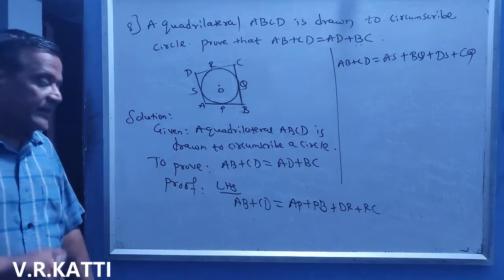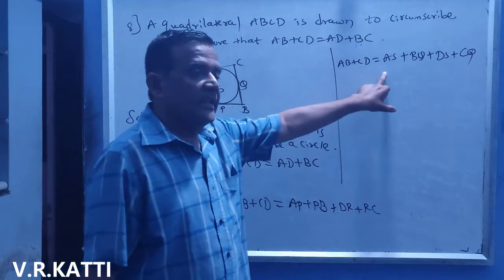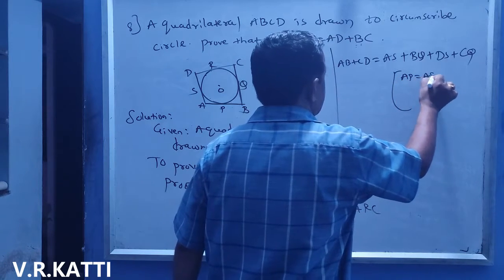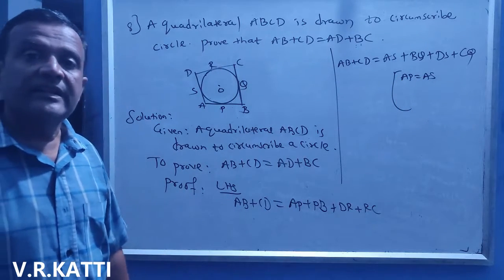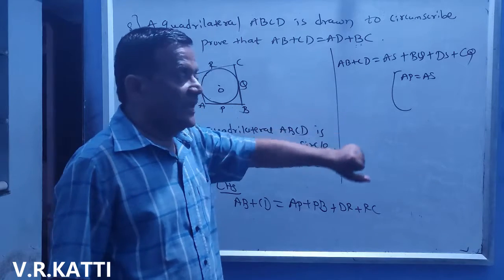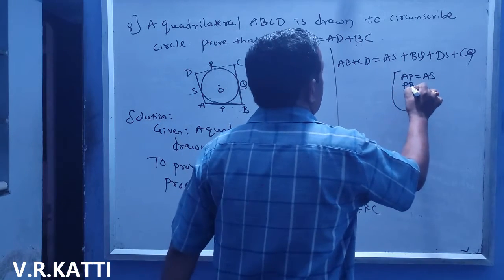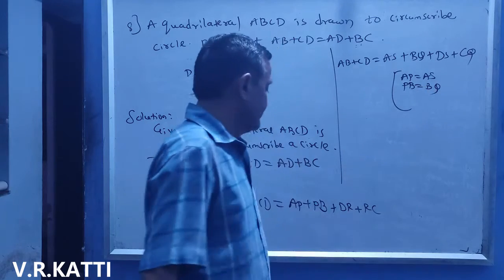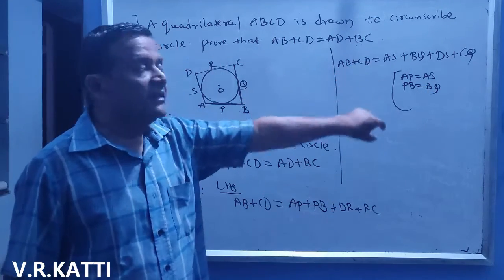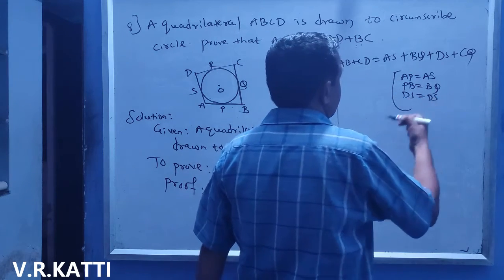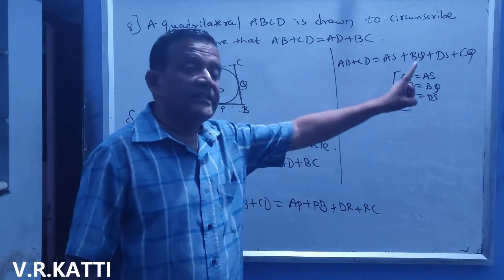So what have we taken here? AP equals AS, is it not? So in bracket write the reason. AP equals AS, PB is BQ, DR we taken DS, RC is CQ.